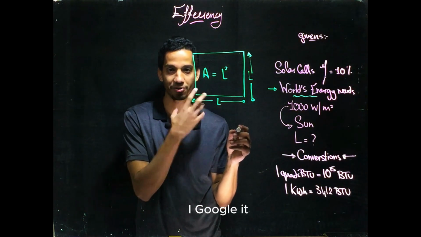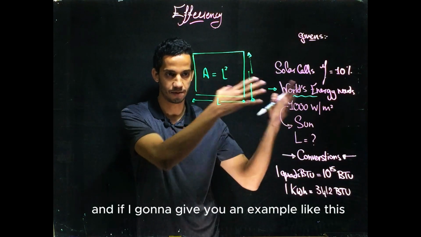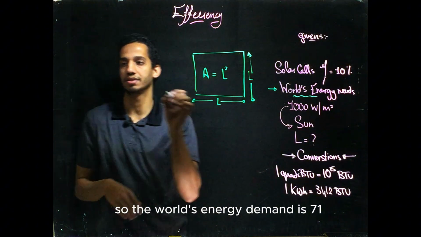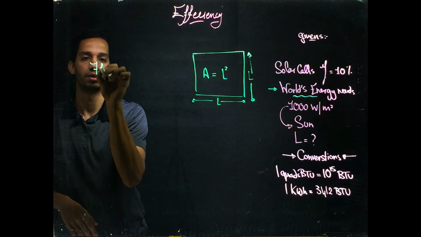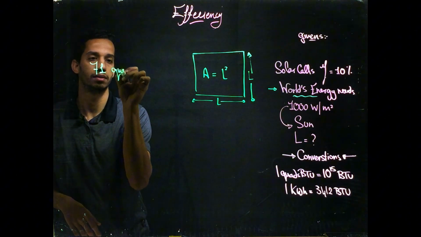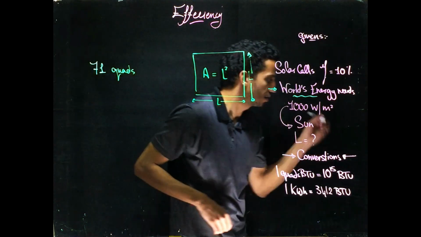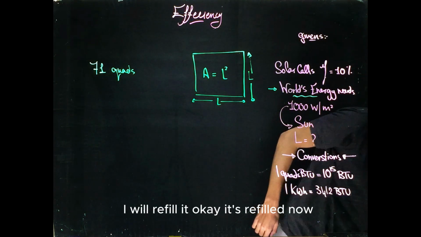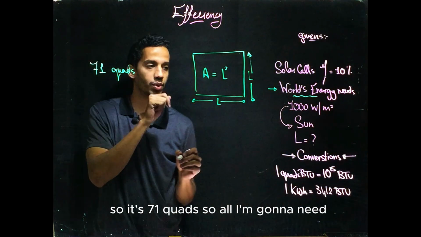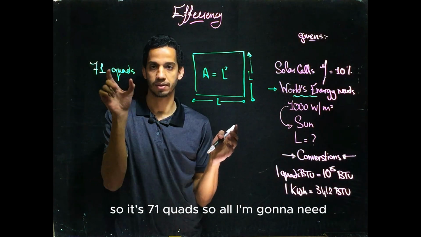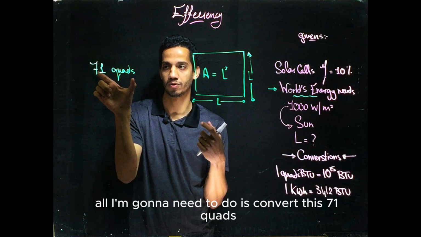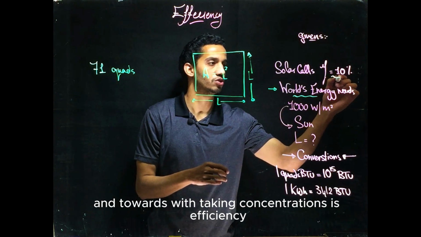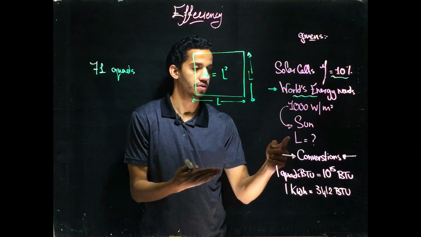I googled this information. The world's energy demand is 71 quads. Okay, just wait a second, I will refill it. Okay, it's refilled now. So all I need to do is convert this 71 into watts, taking into consideration the efficiency and then the side length.